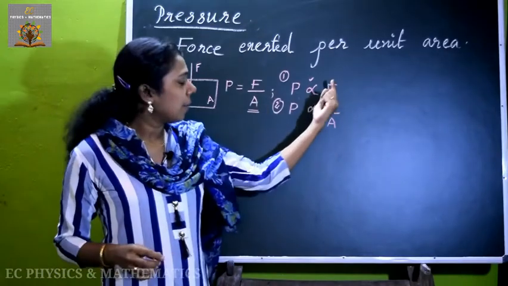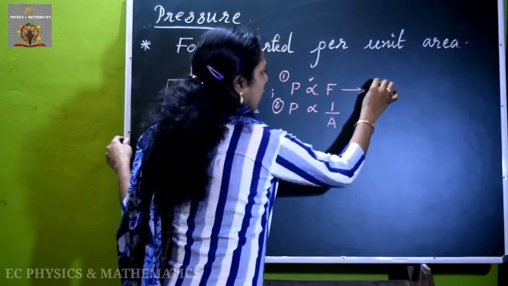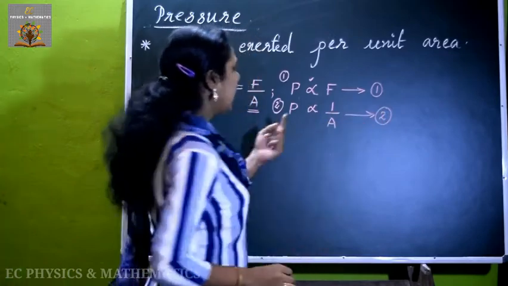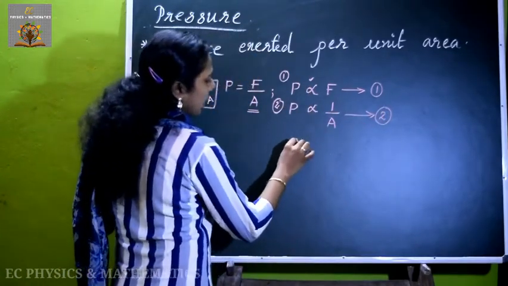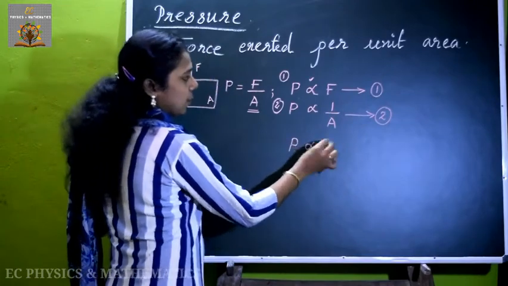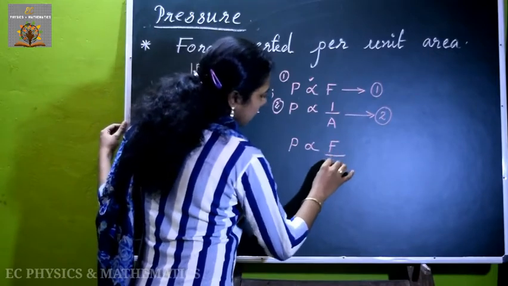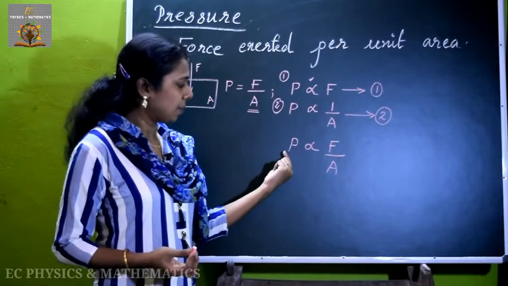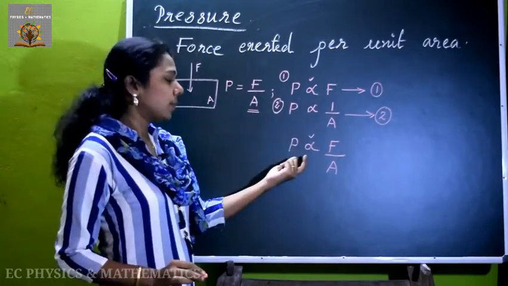By combining these two equations, we will get pressure is proportional to F by A. Pressure is directly proportional to force and pressure is inversely proportional to area. This is the proportionality sign.